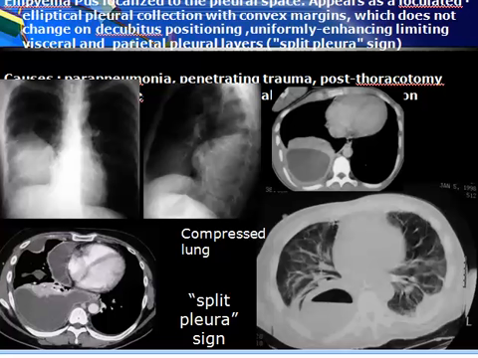Empyema is pus localized to the pleural space. It appears as a loculated elliptical pleural collection with convex margins, which does not change on decubitus position, fixed, uniformly enhancing, limiting the visceral and the parietal pleural layers. Split pleural sign.